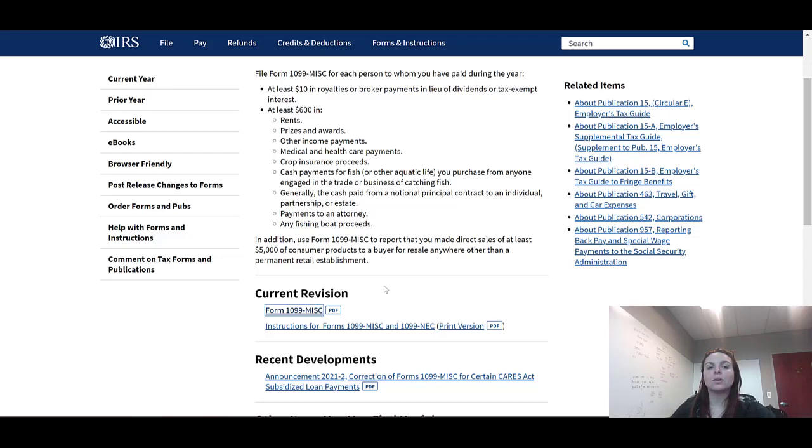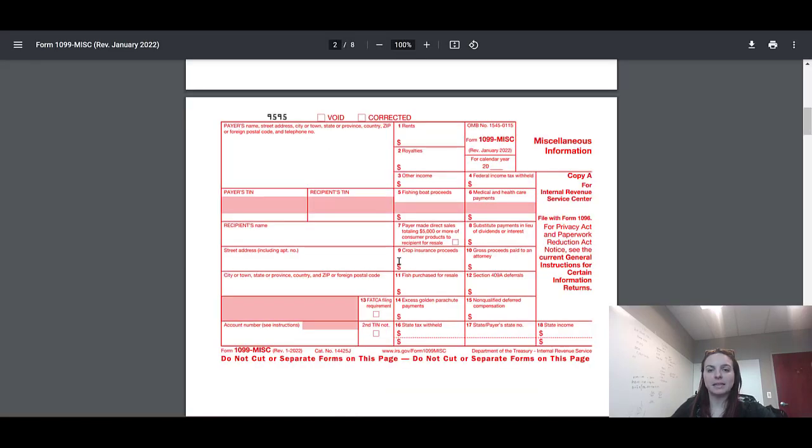Those go on this 1099 miscellaneous, and just like the 1099 NEC, there is an area for you to put the federal income tax withheld and your state tax withheld. So up here, box 4, your federal income tax withheld. Down here, box 16 is your state tax withheld. Okay, so you can fill all of this out, and then you need to put in if you've withheld anything. And this may need to be filed on a state or local basis as well, just like the 1099 NEC, okay?